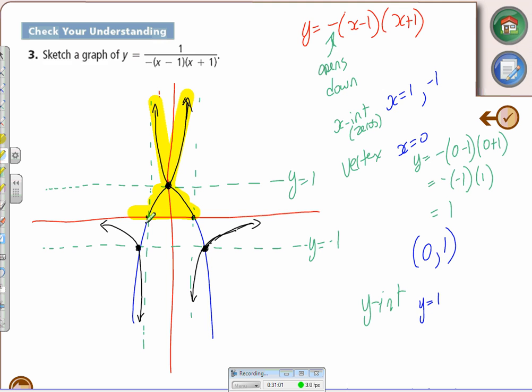Any part of the original that's below the x-axis is going to be below the x-axis when you draw it. So if there's any portion of the graph that's above the x-axis, it's still going to be above the x-axis when you do the reciprocal. If there's any portion that's below the x-axis, the reciprocal is also going to be below the x-axis.